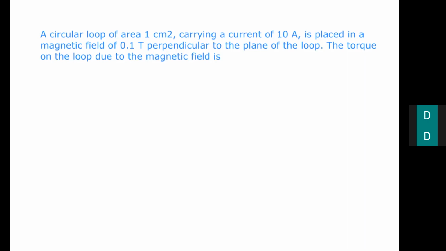For any circular loop placed in a uniform magnetic field, it always experiences zero torque, as the forces that exist in pairs happen to cancel.